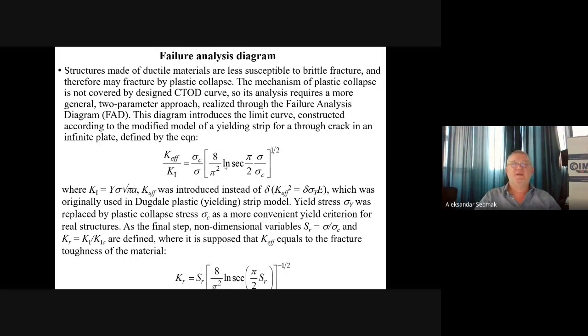This is a kind of limit curve where our fracture mechanics parameters are involved. Of course, the stress intensity factor, K effective, which is based on CTOD but is introduced instead of it. And then yield stress, which is more generally used as the plastic collapse or critical stress. And then finally, stress, as shown here, which is denoted by sigma.